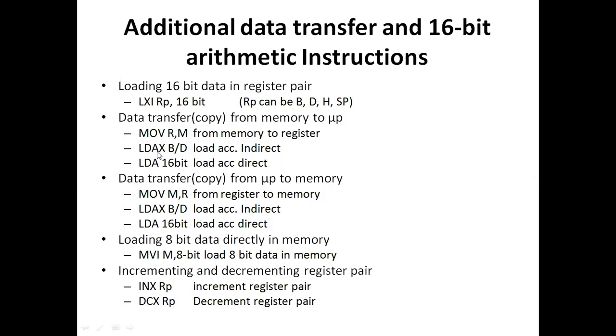It loads the accumulator with an 8-bit number from memory. Which memory? The one whose address is already present in either the BC pair or the DE pair. If I have written LDAX B, it means the BC pair contains a 16-bit address belonging to a particular memory location, and from that memory location you have to copy 8-bit data into the accumulator.